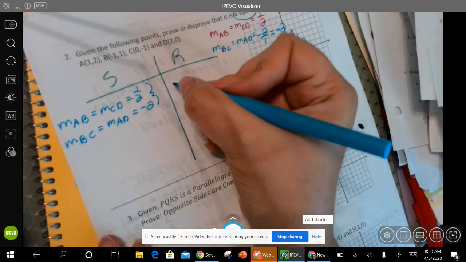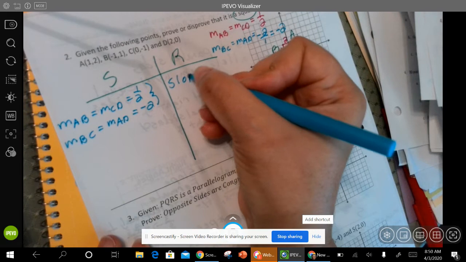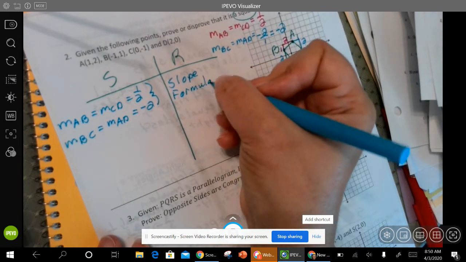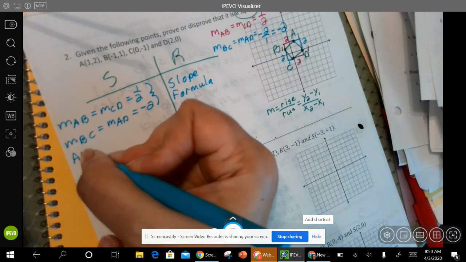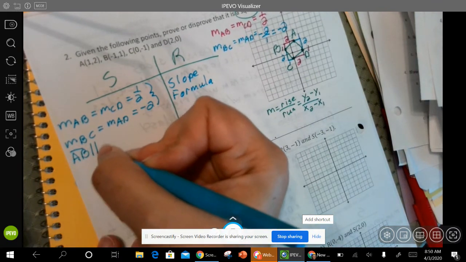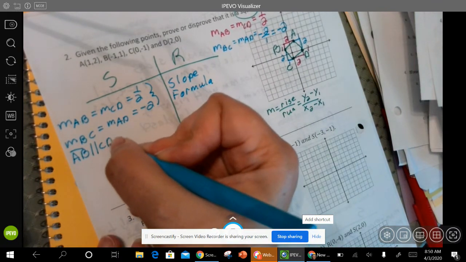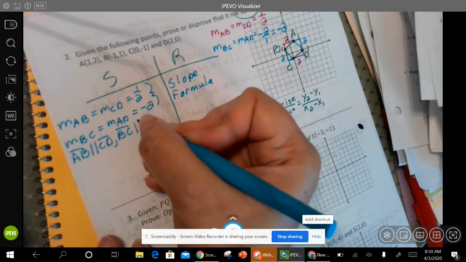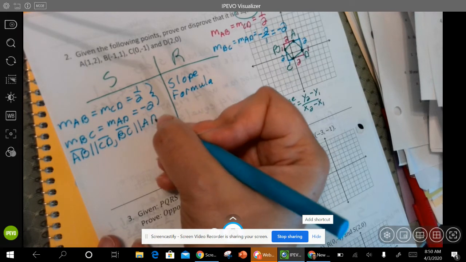Okay, so our opposite sides have the same slope. Remember, if opposite sides have the same slope, guess what? It means they're parallel. So AB is parallel to CD. Side BC is parallel to AD.